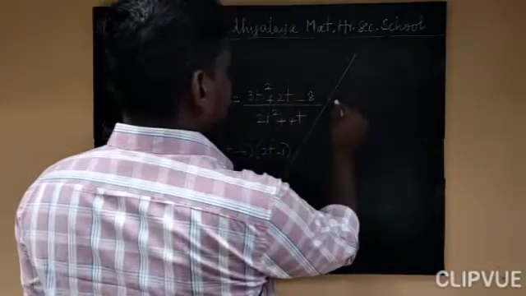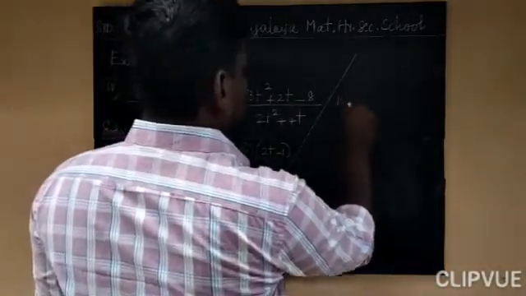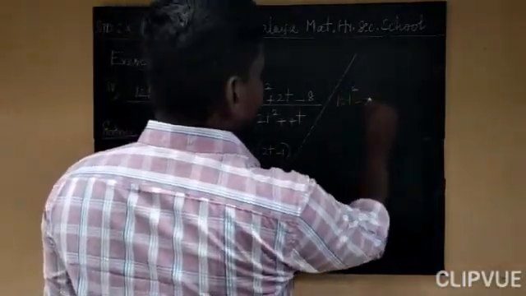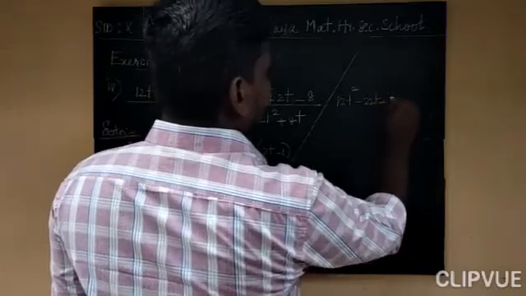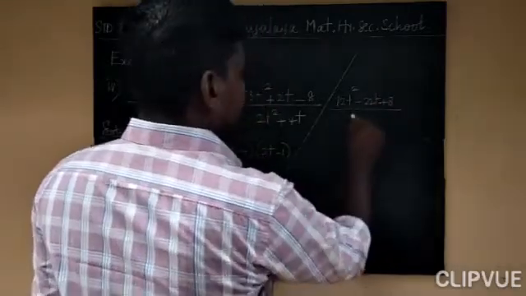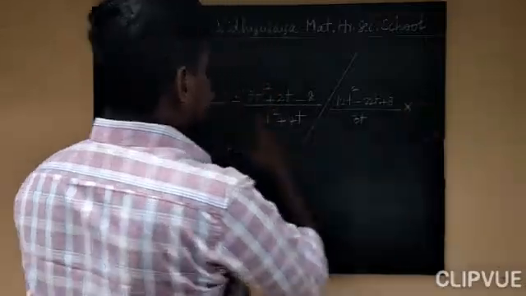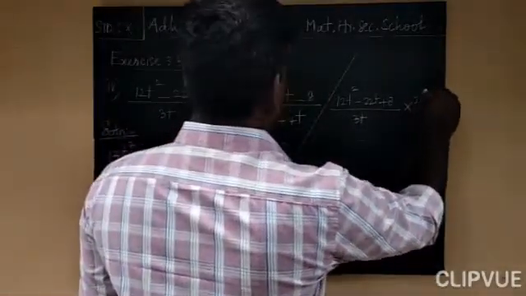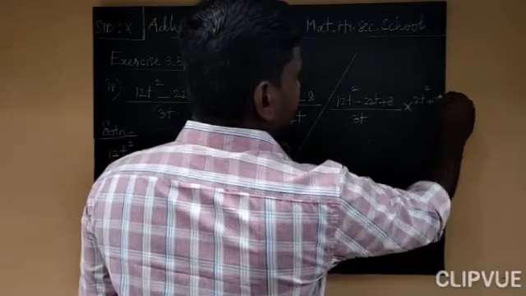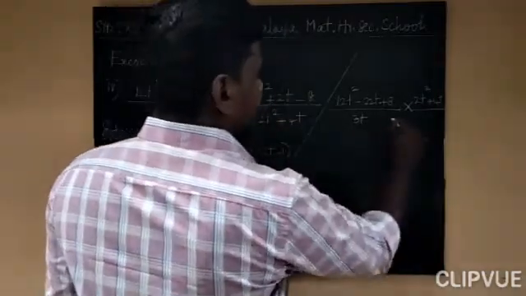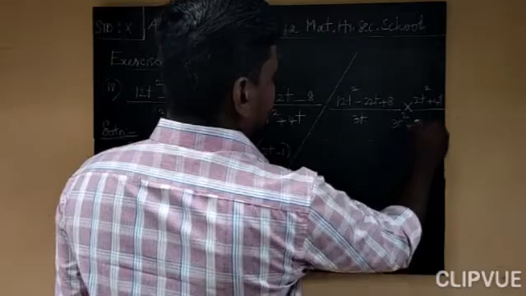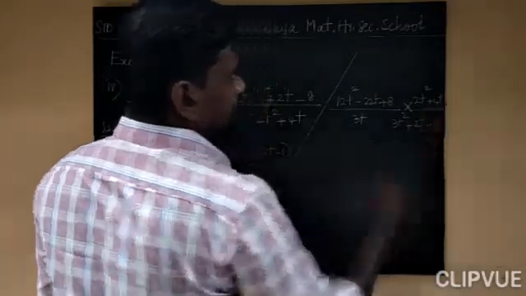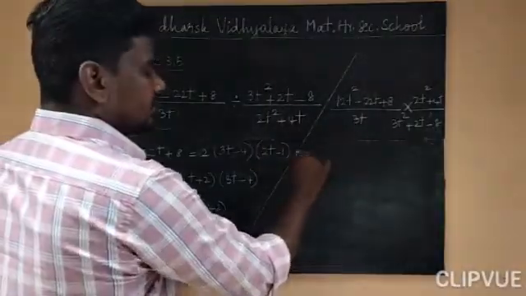So first one as it is, 12t square minus 22t plus 8 divided by 3t. The sign will be changed, division into multiplication, and this one 2t square plus 4t divided by this one 3t square plus 2t minus 8. So assign their factors.